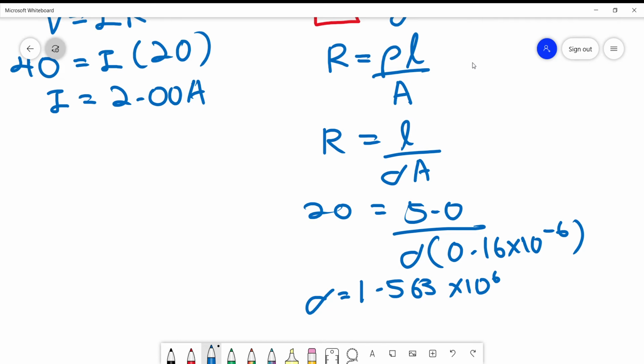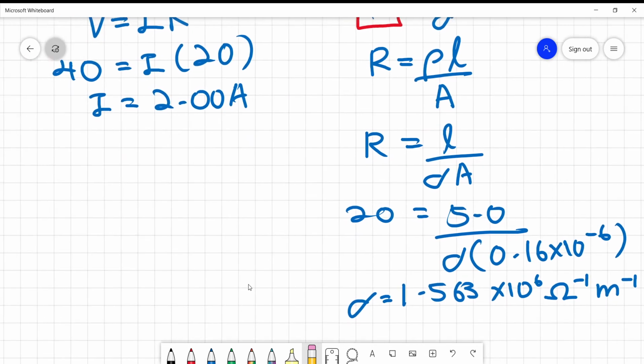The SI unit for resistivity is ohm meter, and the conductivity will be the reciprocal, which is ohm -1 meter -1. So this is the concept. Alright, so this is how we find the conductivity, which is sigma.